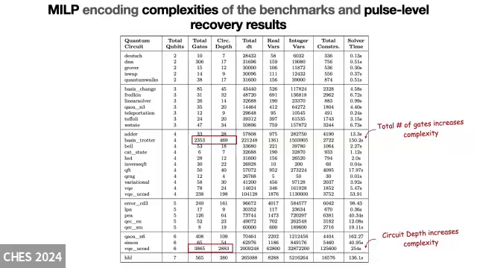The table shows that we are able to recover all the X, SX, and CX gates from all the benchmarks tested. It's important to note that while our techniques demonstrate high accuracy in reconstructing circuits from power traces, the resulting circuits may not be an exact replica of the original circuit, but rather a semantically equal one due to the transpilation procedure I explained in the beginning.